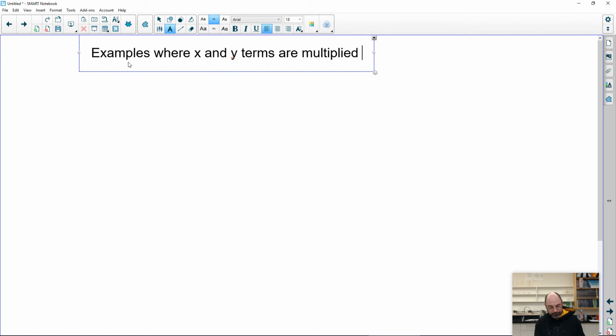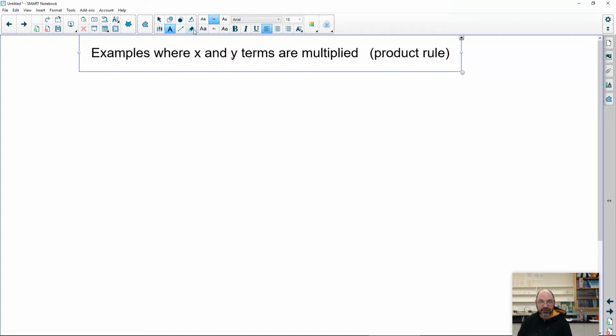So we've got to think of the product rule. We can't just use the power rule if they're multiplied like that. So I'm going to do a very simple one to start with, and then a more complex one after that. And then we'll do some more complex ones tomorrow. And then I'll give you some practice ones as well, because we're at about 21 minutes, so I don't want to go too much longer here.